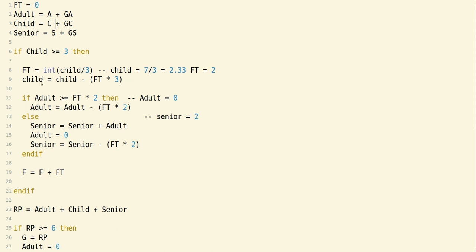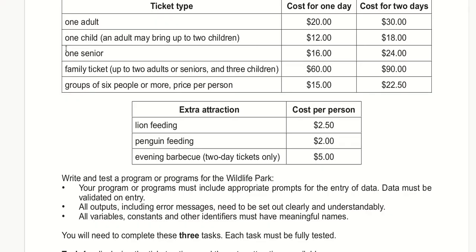Now, in order to find how many family tickets could be created, we need to check whether we have enough children available or not, because in the scenario it says that a family ticket has to have 2 adults or seniors and 3 children, and if we do not have 3 children we cannot offer family tickets.